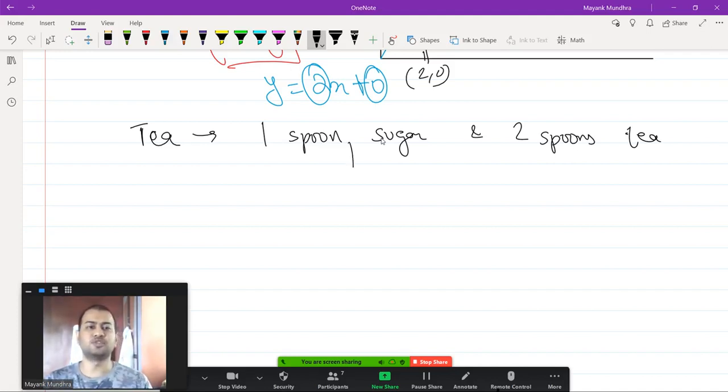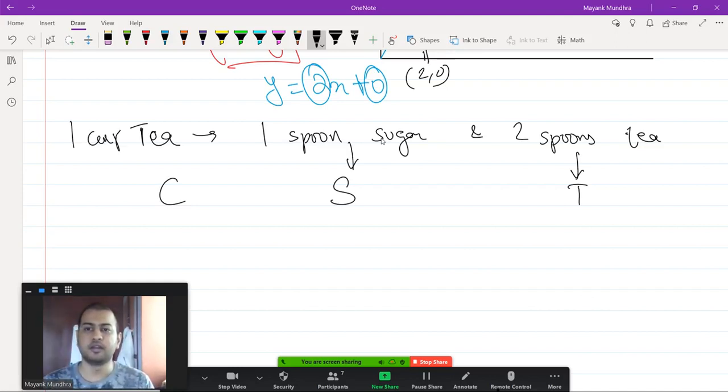Suppose you have s units of sugar and t units of tea. So what is the total amount of teacups that you can make? 1 cup of tea needs 1 spoon sugar and 2 spoons of tea. If you have total s units of sugar and capital T units of tea, then how many cups of tea can you make?